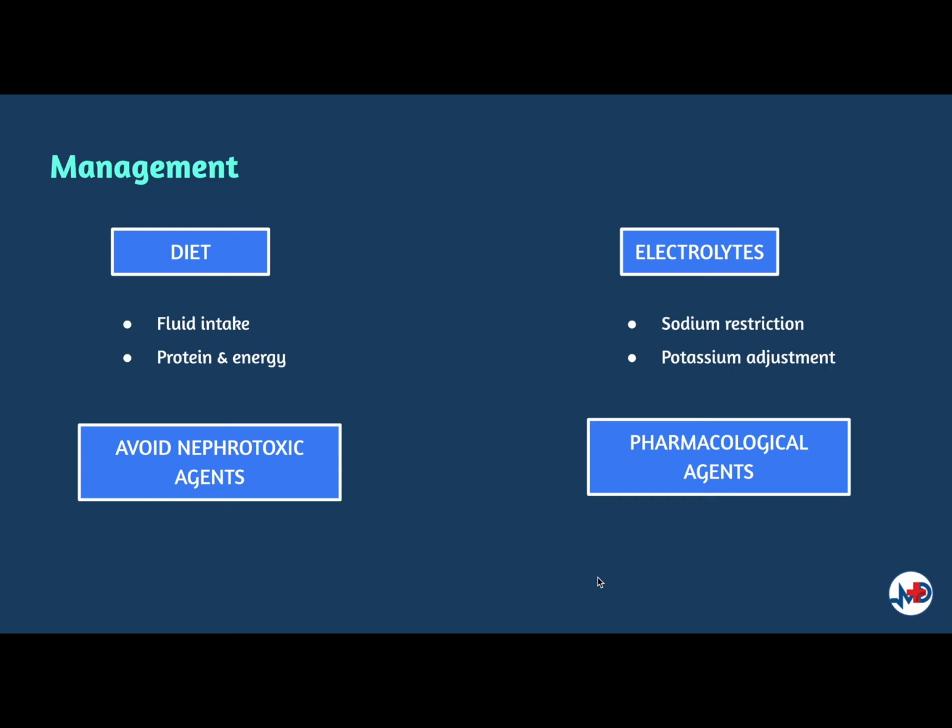You may consider micronutrient supplements such as vitamin D, because the function of the kidney is also to activate vitamin D.